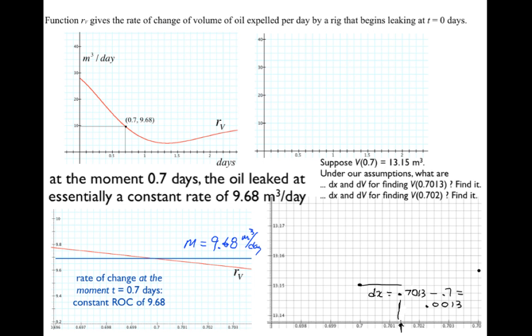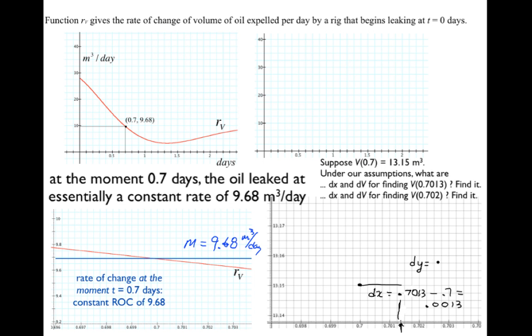And as x changes, what happens to the amount of oil in the ocean? If time changes a little bit, then the amount of oil in the ocean does what? Goes up. How much does it go up? It goes up by some amount which we represent as dy.